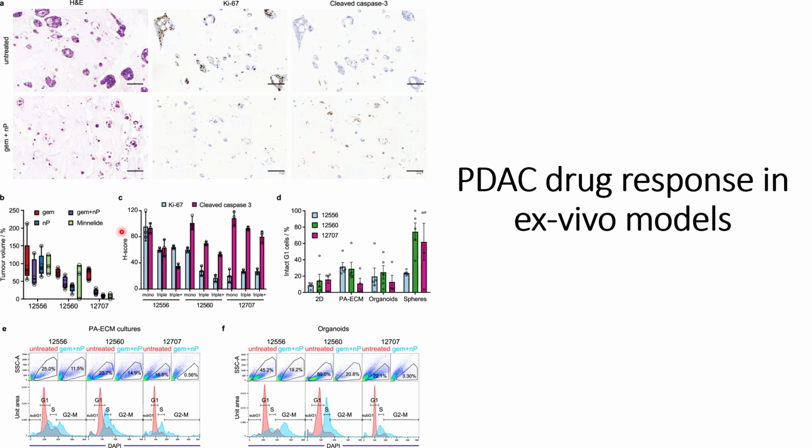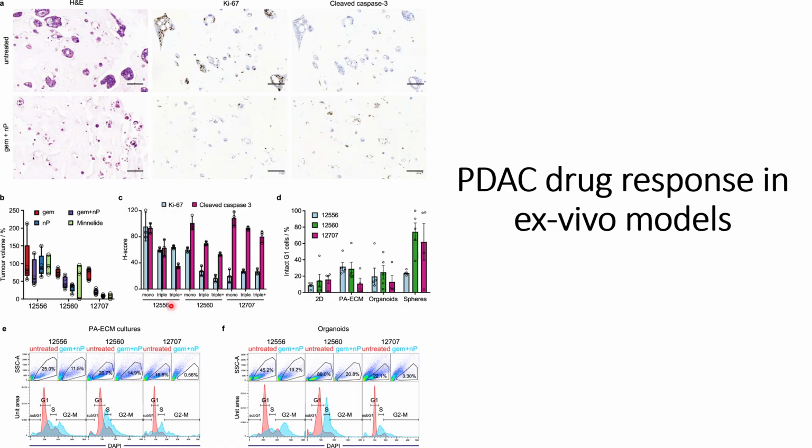Thereafter they quantified Ki-67 and cleaved caspase 3 in all three different populations, and what they found is that with a decrease in chemo resistance, there is an increase in the apoptotic signals, that is cleaved caspase 3, and a decrease in the proliferation signals.